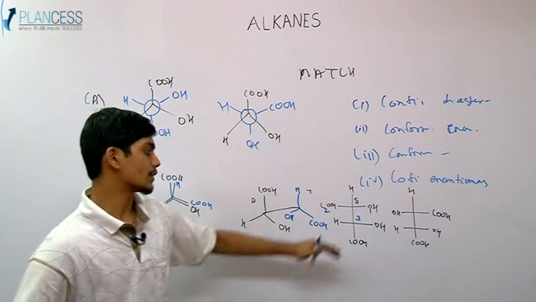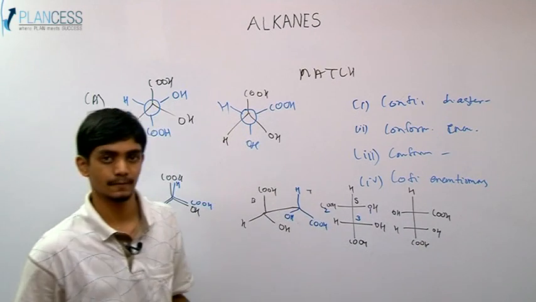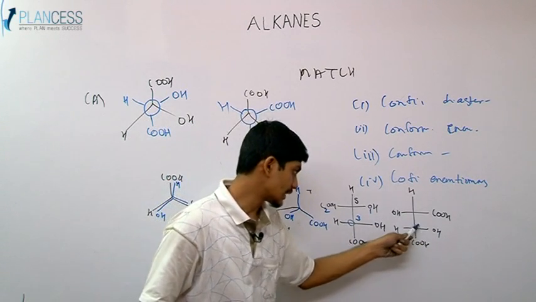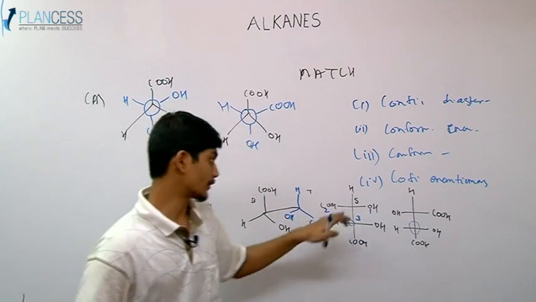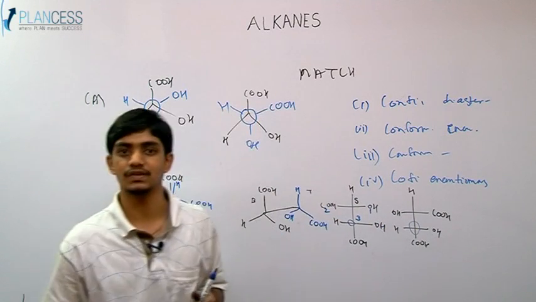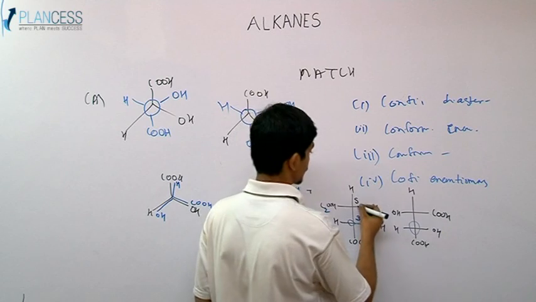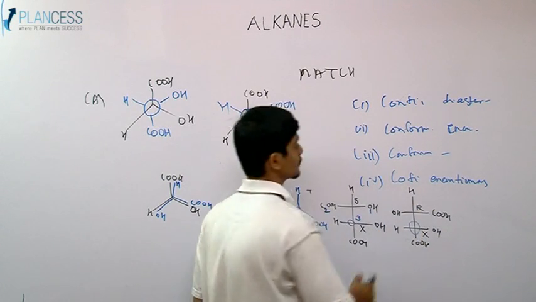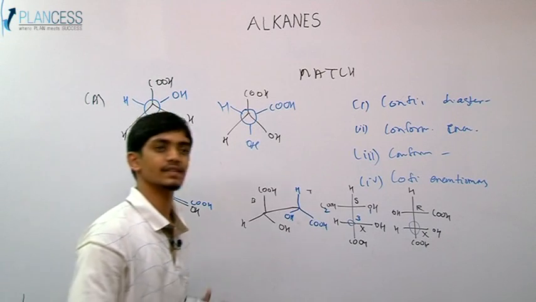So now tell me, what do you observe in these structures? We observe that the configuration of this carbon is exactly the same, but the configuration of this carbon is reversed. So that means, suppose this is S, then this will be R, and it will be some X, this will also be some X. X can be R or S, it doesn't matter.